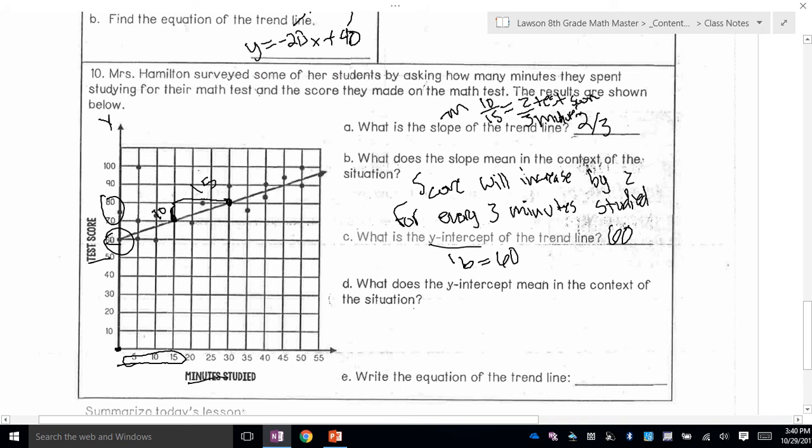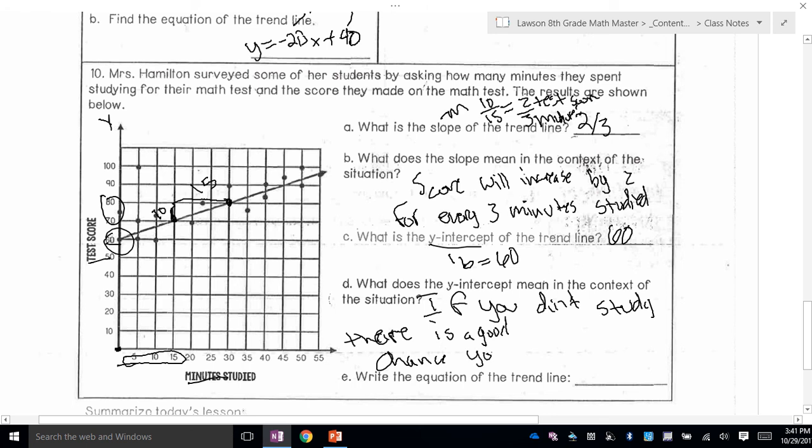So for D, we could say if you don't study, there is a good chance you will make an average of 60. Or you could just say average 60.